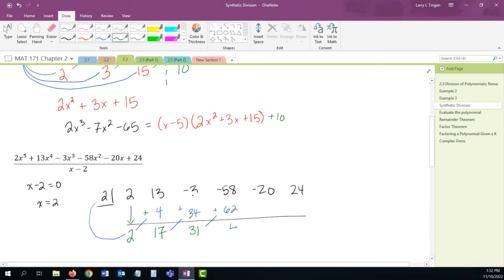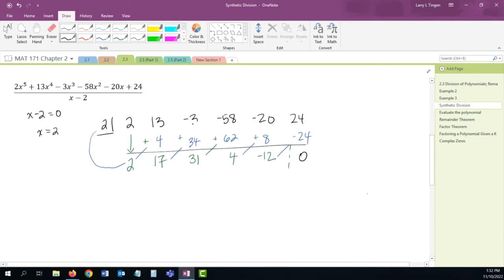Negative 58 plus 62 is 4. 4 times 2 is 8. Negative 20 plus 8 is negative 12. Negative 12 times 2 is negative 24. 24 plus negative 24 is 0.